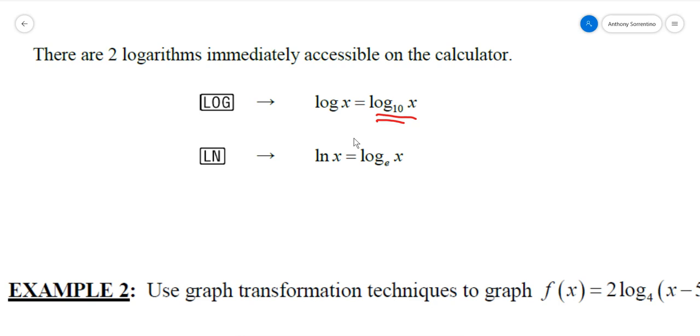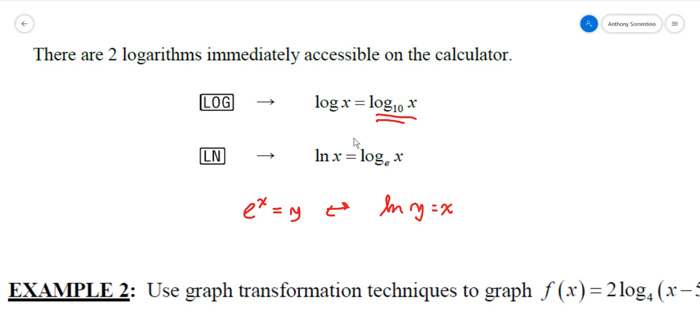Whereas ln, because we had e to the x power equals y, its inverse obviously is going to be the natural log of y equals x. So basically the same thing with this, if I'm converting it to statements.